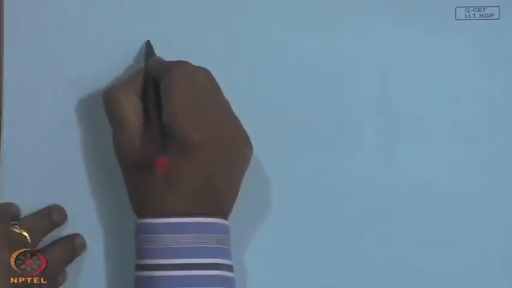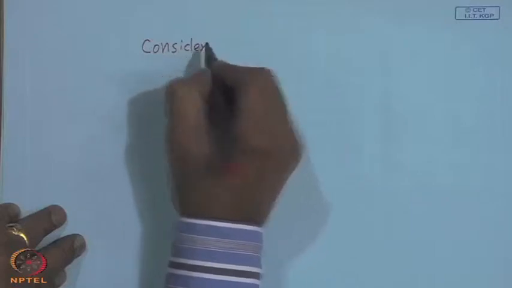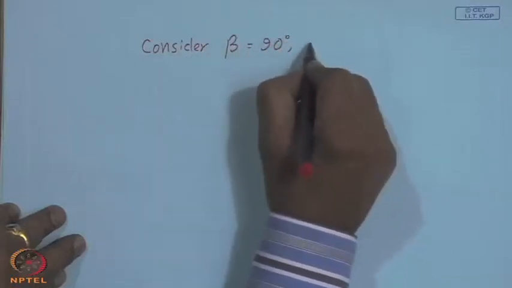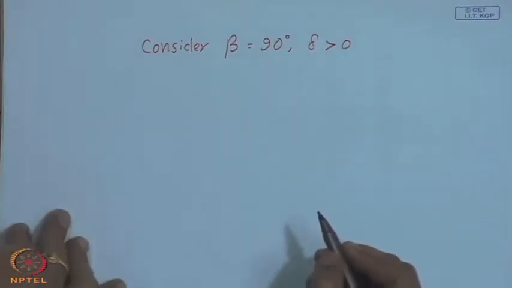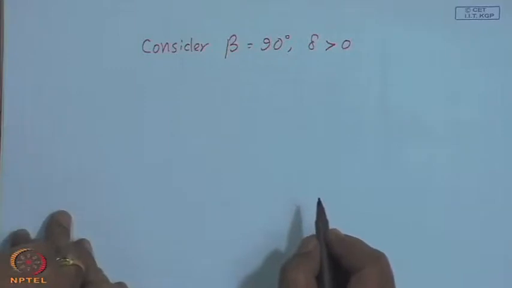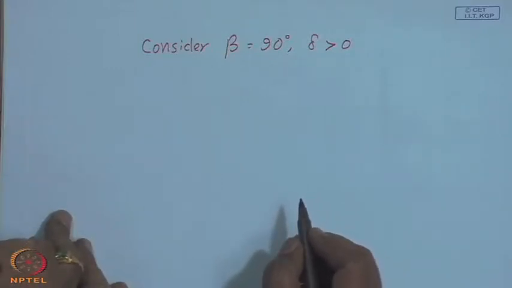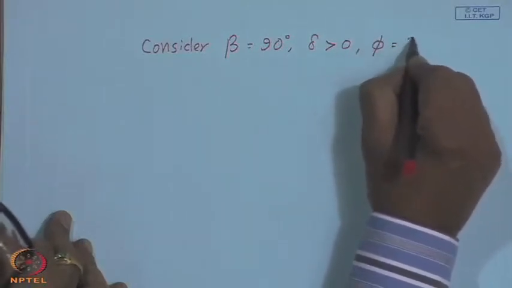Now, consider a vertical surface, beta is equal to 90 degrees and declination some positive value, and let us say latitude of 30 degrees.